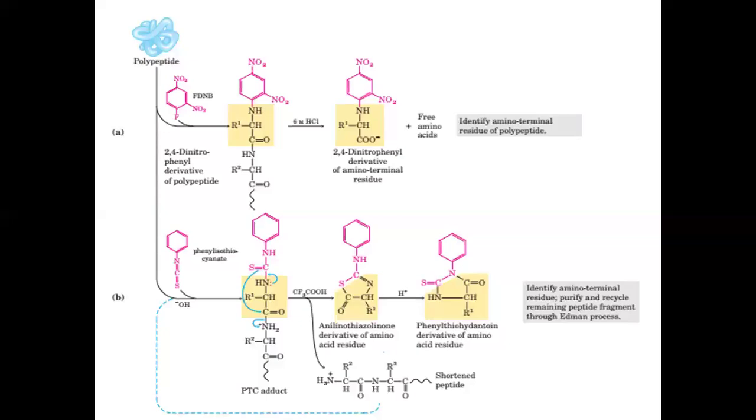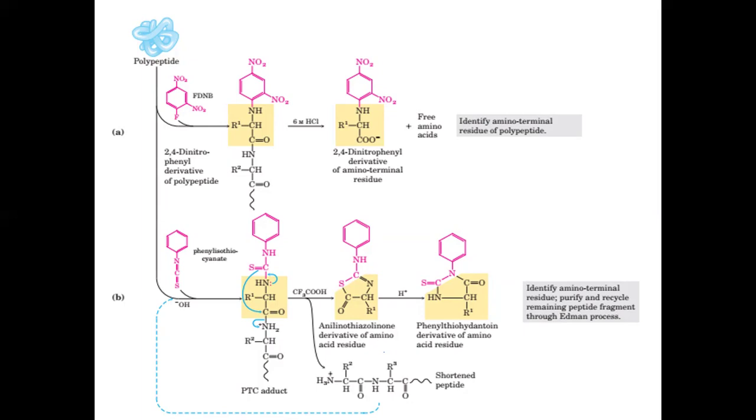So you can continue. You can add another phenyl isothiocyanate, which is the Edman reagent. Again, the reagent reacts with the N-terminal amino acid, following the sequence of reactions that lead to the cleavage of that N-terminal amino acid, identifying which amino acid it is, and then you add another phenyl isothiocyanate like this.